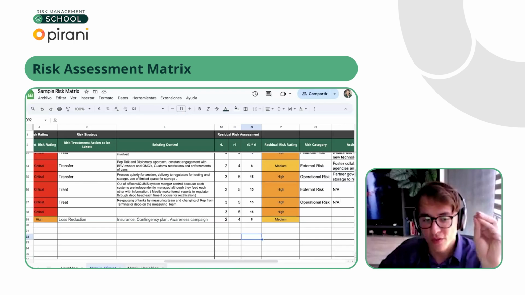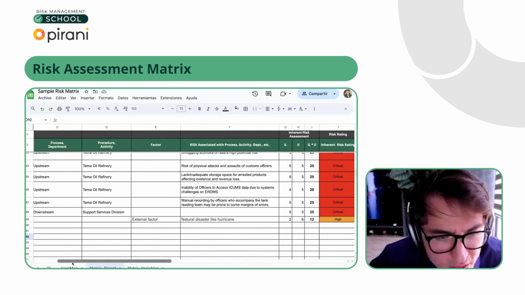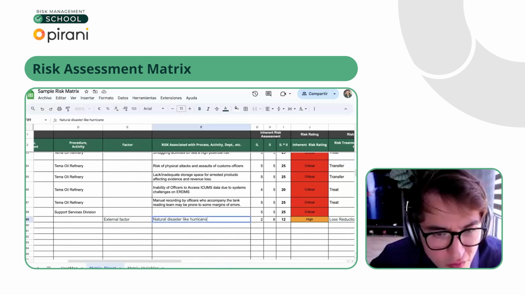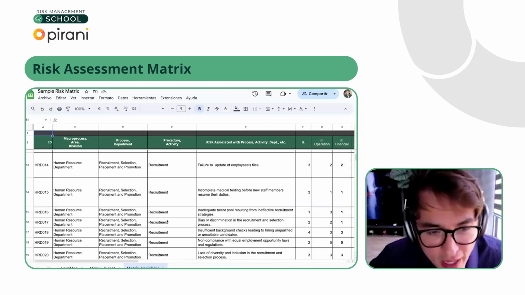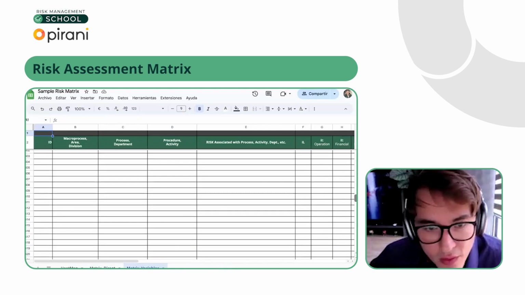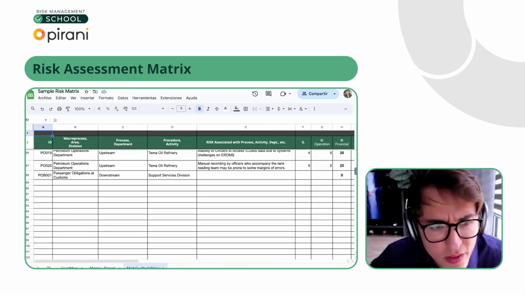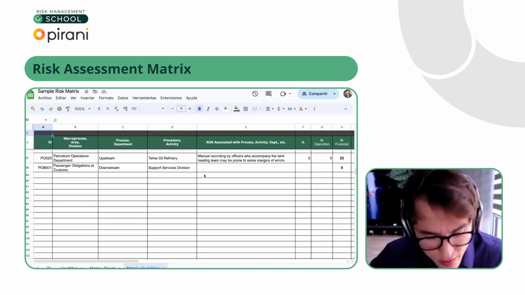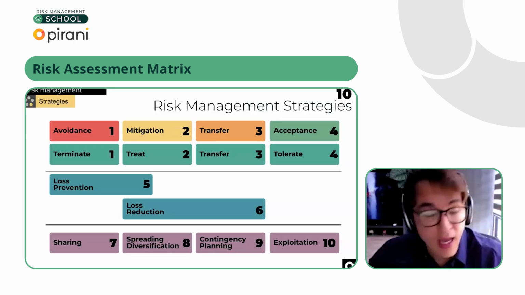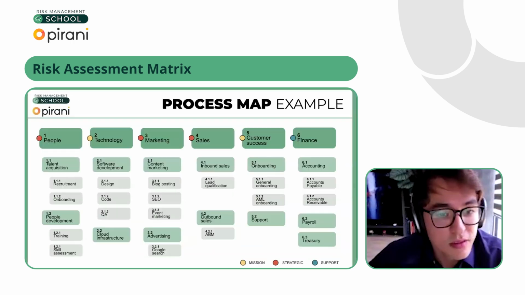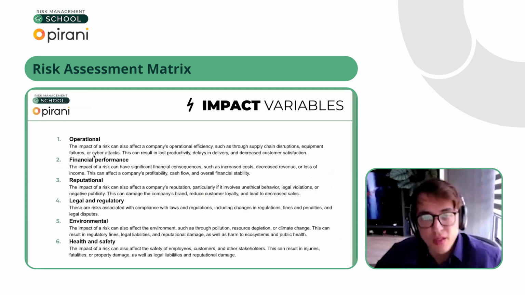So let me give you another example, and I want to go with the same natural disaster like a hurricane. So we're going to rate by variables. So we have some definitions.